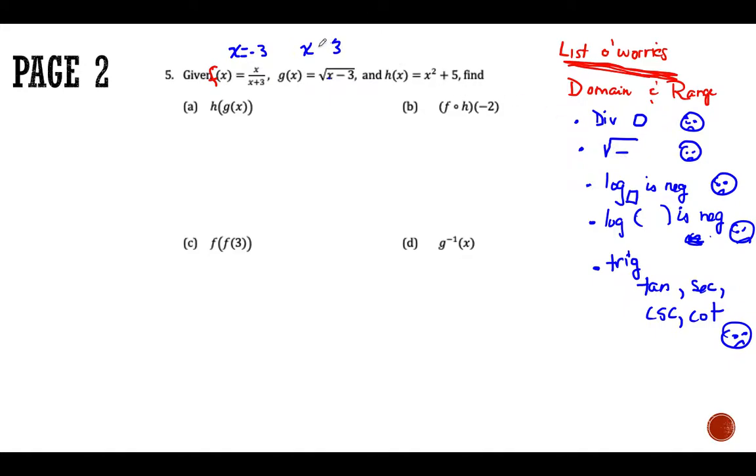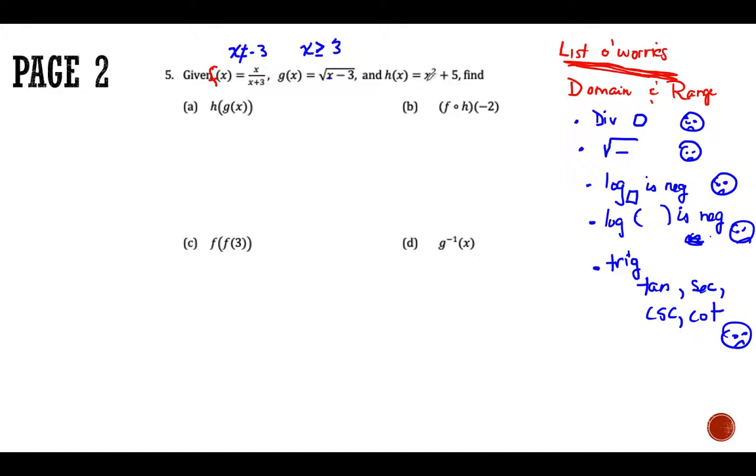So what happens if I put in a number smaller than 3? X has to be greater than or equal to 3 in g, because if you put any number in smaller than 3, you're going to get the square root of a negative, which is bad.